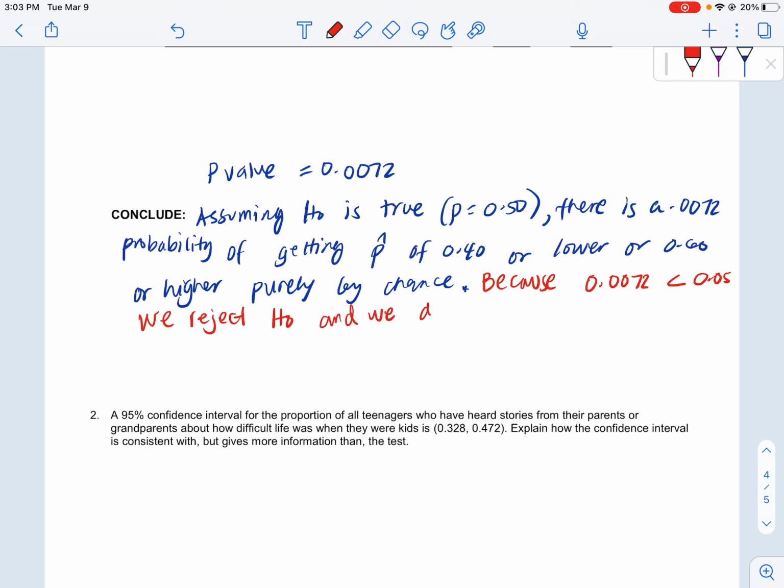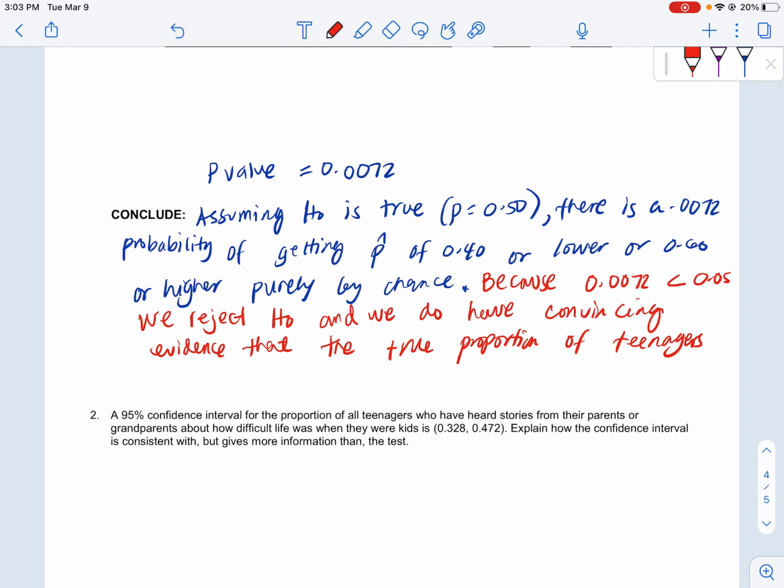And we do have convincing evidence that the true proportion of teenagers who have heard stories differs from 0.50.